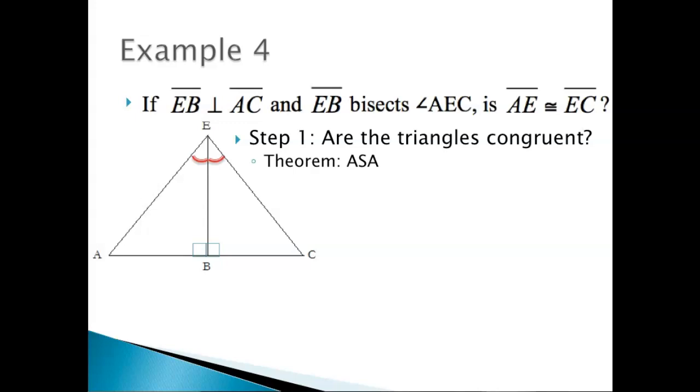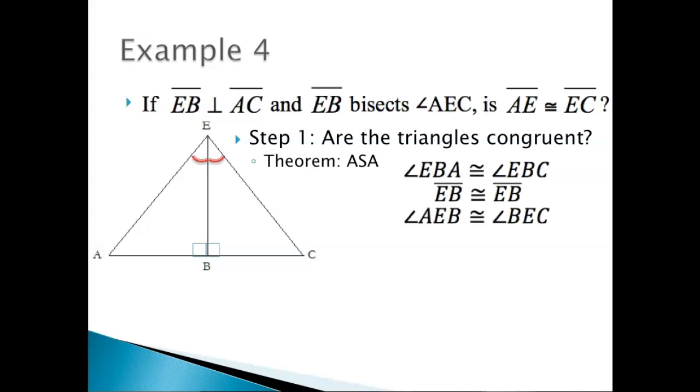Angle EBA is congruent to angle EBC. EB is congruent to EB, so that's the included side. And then angle AEB congruent to angle BEC. So, based on angle-side-angle, we can state that triangle AEB is congruent to triangle CEB.